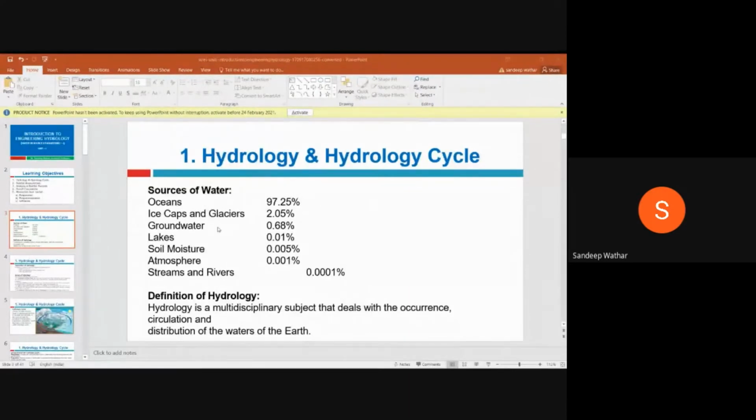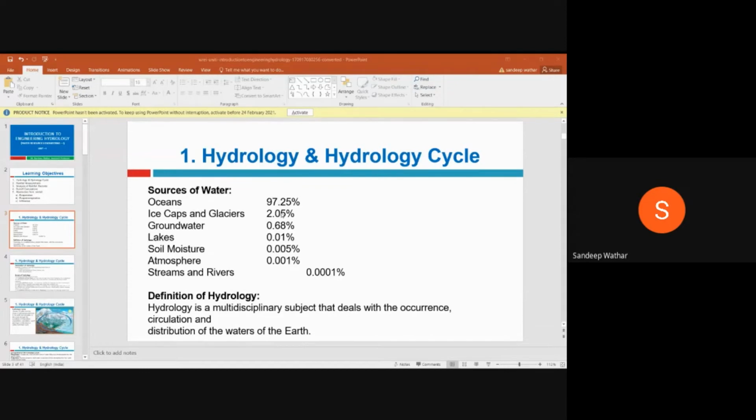He found a mechanism or a kind of technology which converts glacier water into pure water, because glaciers are basically the purest form of water. Most of the people living in Ladakh get their water from the glaciers itself. Next is groundwater. Groundwater is the water that is stored beneath the ground surface, which is around 0.68 percent. Now you try to imagine this.